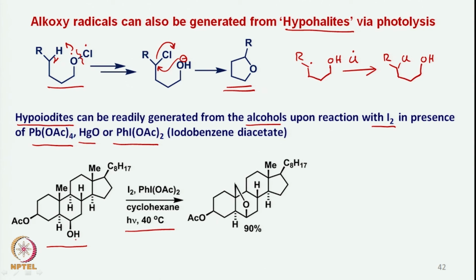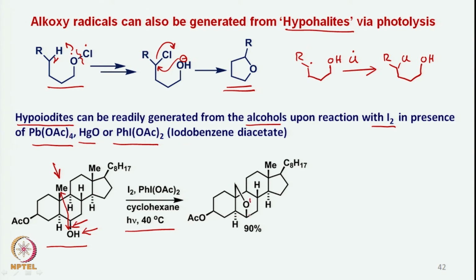For example, you can have the generation of oxygen radical from this OH, and this is beta oriented, this is also beta oriented, and then through the iodine mediated reaction one can also have a connection between this particular oxygen and this carbon to form this 5 membered ring.